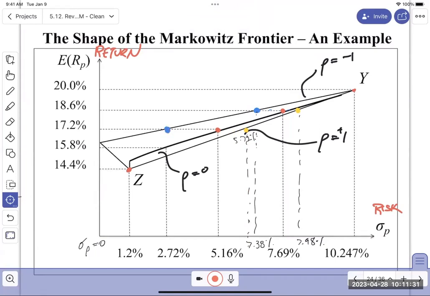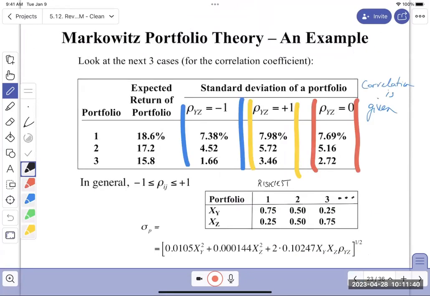Let's try that. So let's find this. Determine what the risk is. So it's going to be perfectly negative correlation in this formula. This is -1. The weights are here. And that's it.